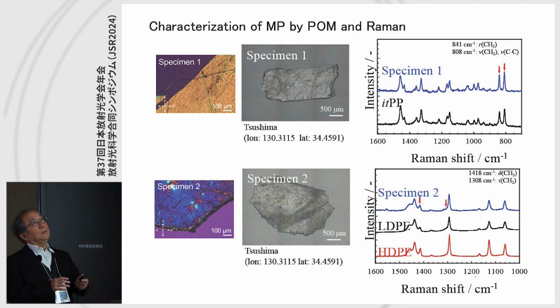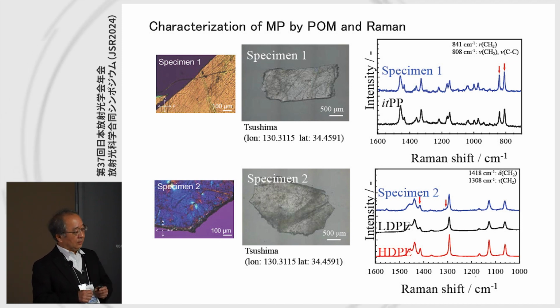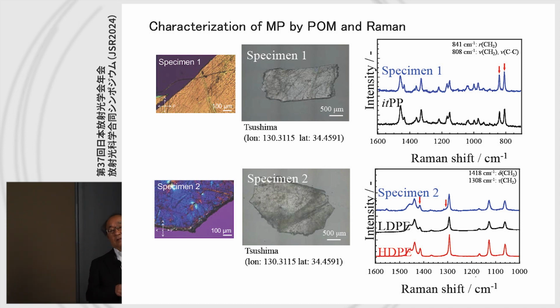This is an example of the microscopic characterization. They are very, very similar if we look at the shape and the property, but by comparing with the standard sample, we can conclude that this one is from LDPE and this one is from atactic polypropylene.